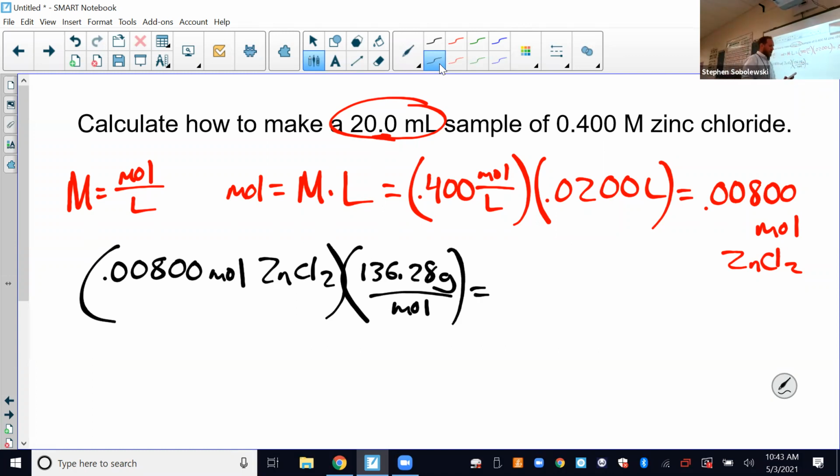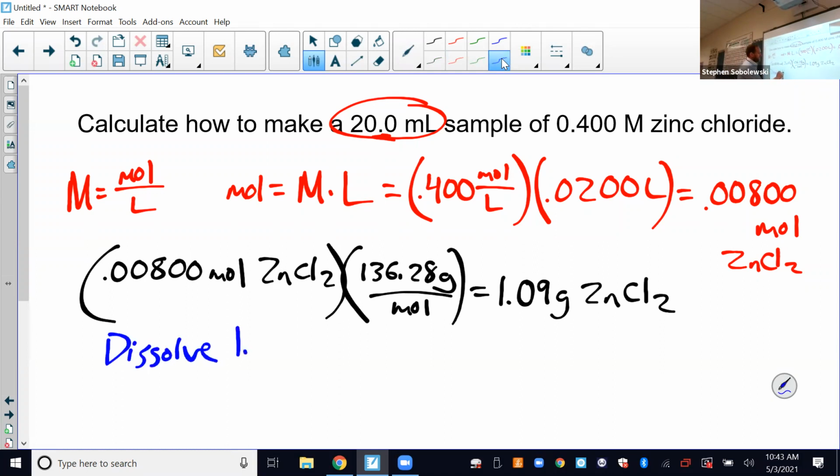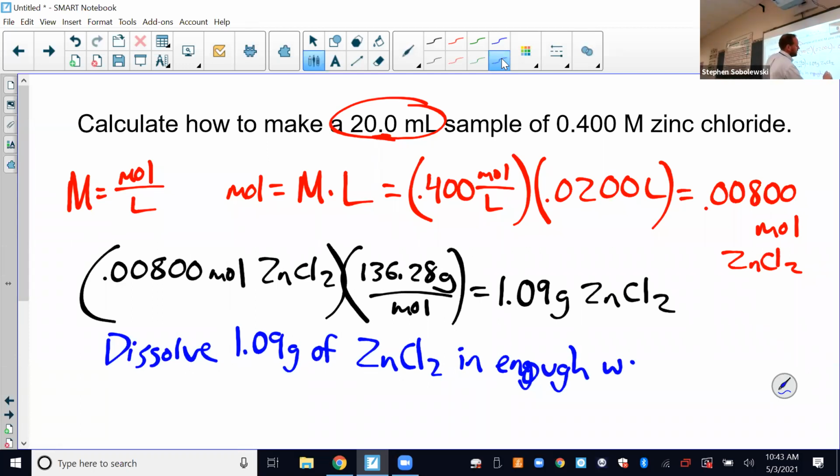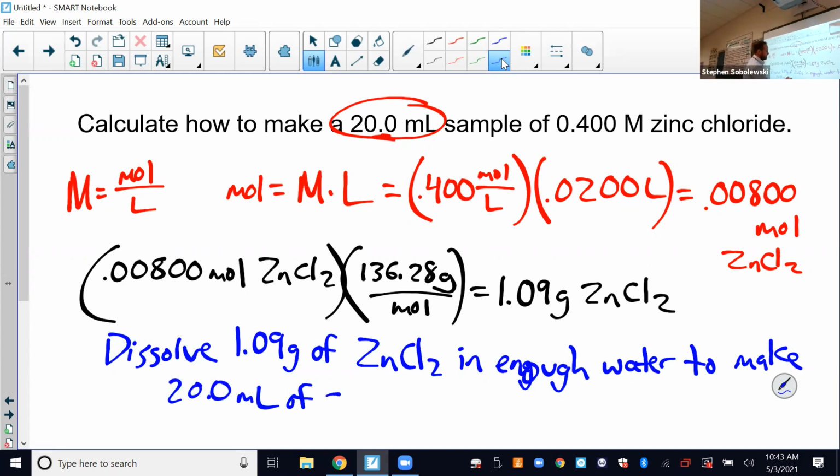And with 3 sig figs, I get 1.09 grams of ZnCl2. Okay. So to answer the question, it would be something like: dissolve 1.09 grams of ZnCl2 in enough water to make 20.0 milliliters of solution.